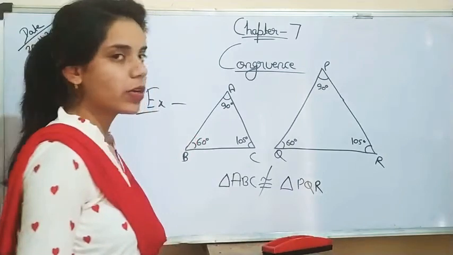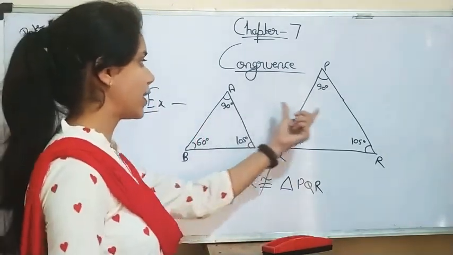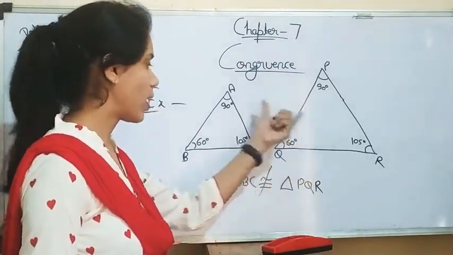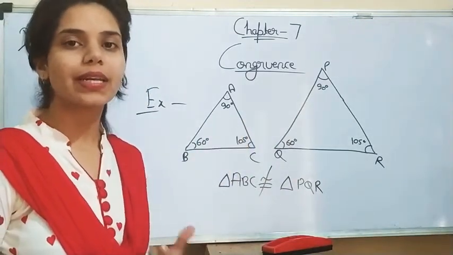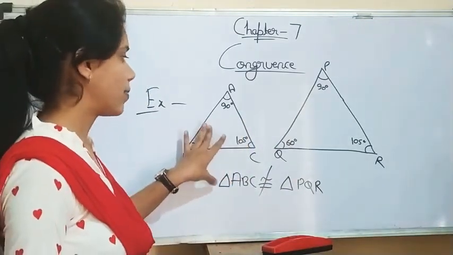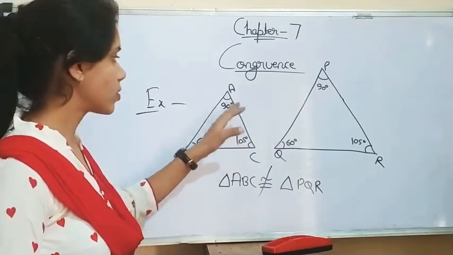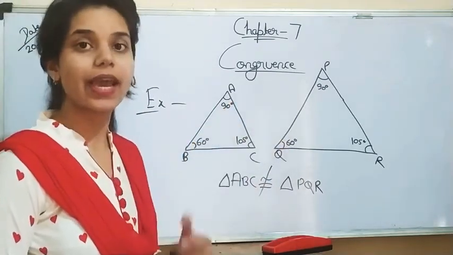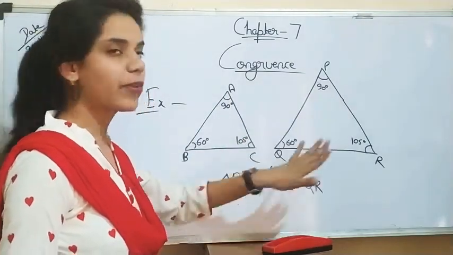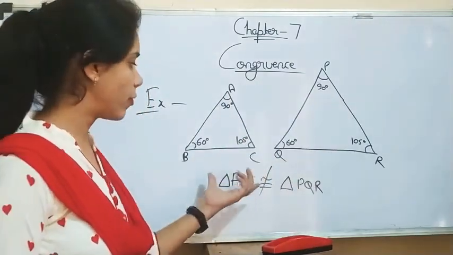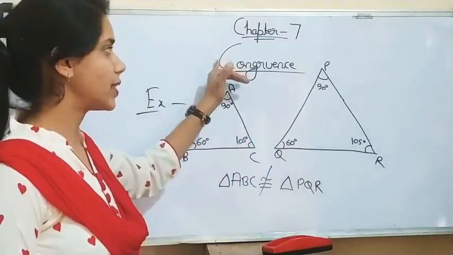Why? Because if I put this PQR onto this ABC triangle, it will not completely merge with ABC, okay? Because the measurements of their sides are different. Angles are the same, but the measurements of their sides are different. So it will not fulfill the definition of congruency.